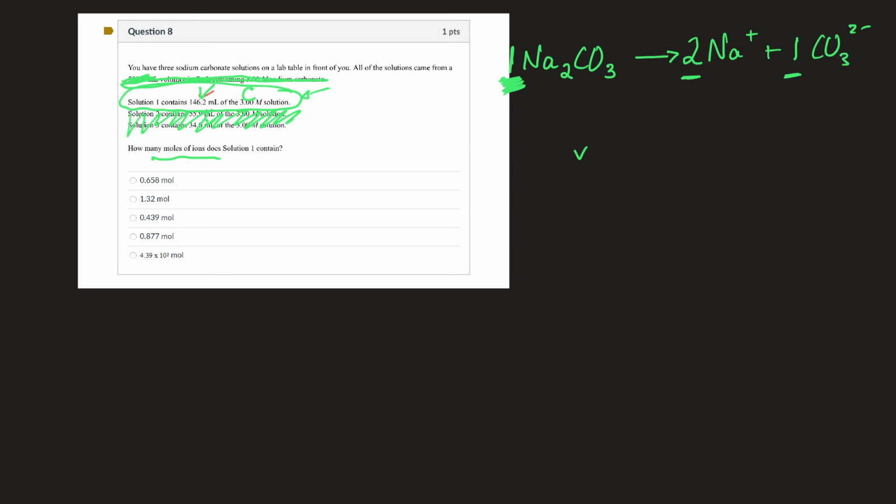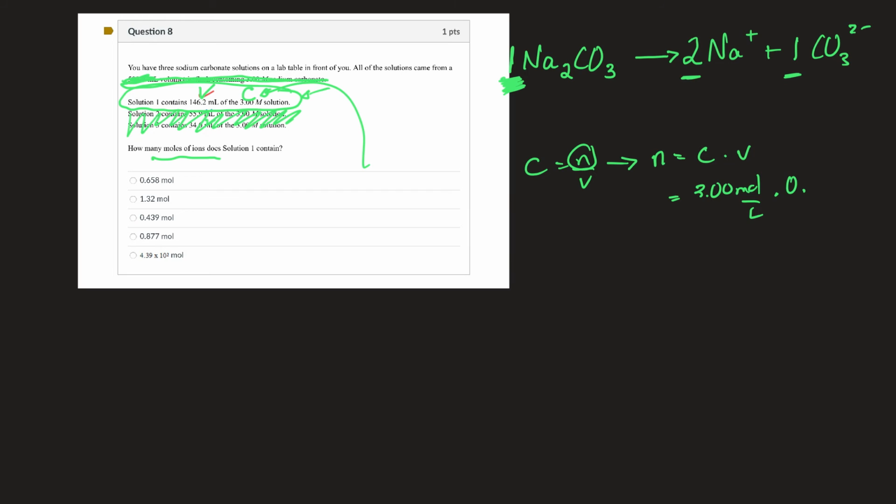Let me move this down just a bit. So I'm looking for moles. If I multiply both sides by V, I'll get moles is equal to C times V. So the concentration is right there, 3.00 moles per liter, times the volume, 146.2 mL.